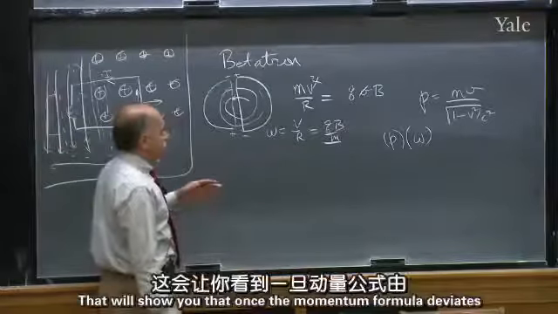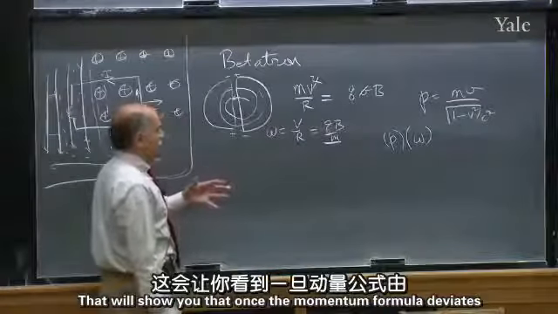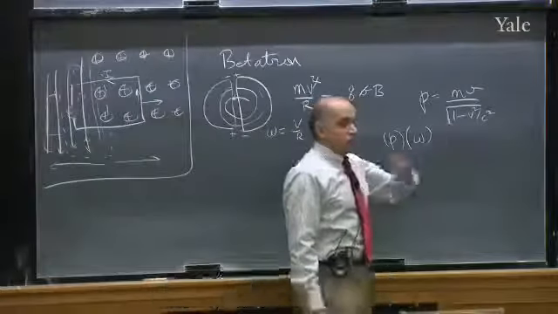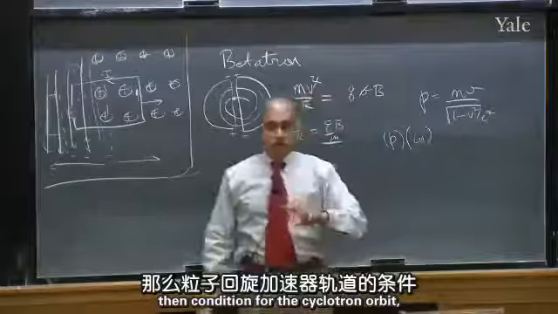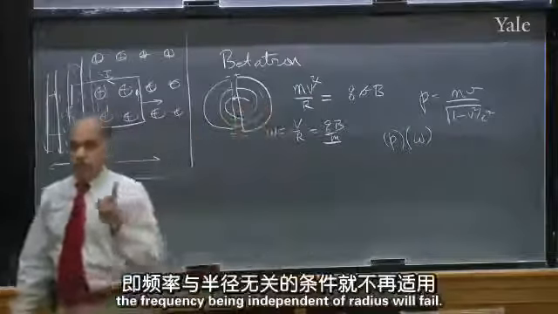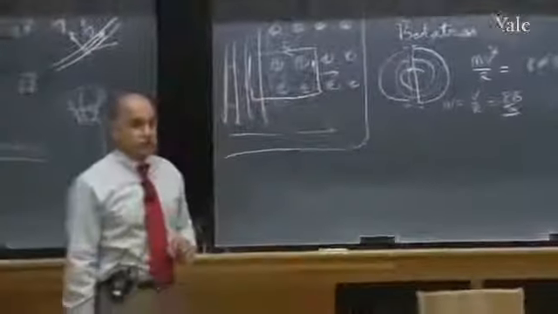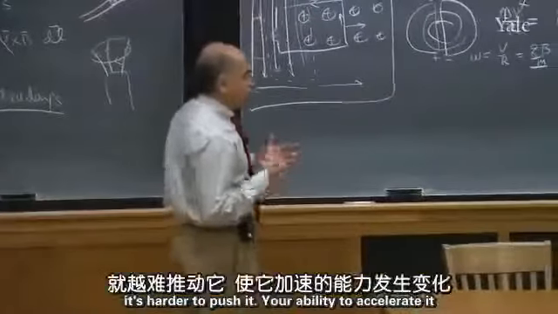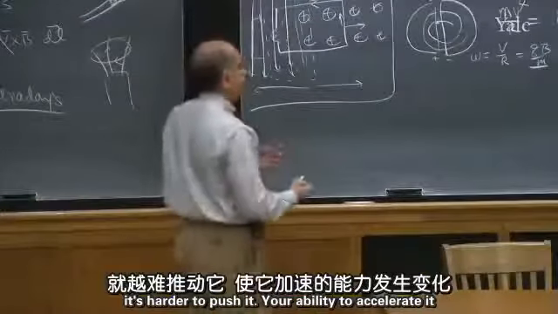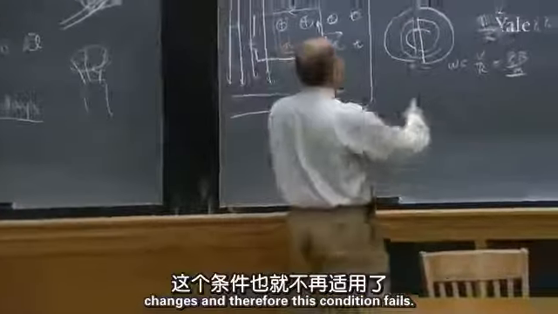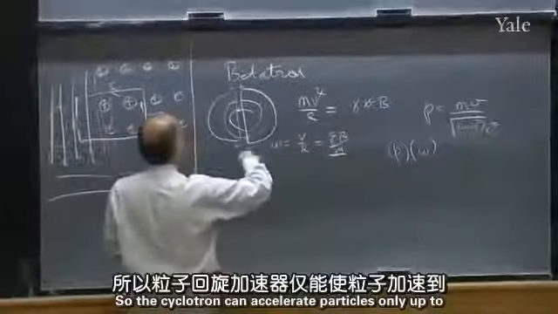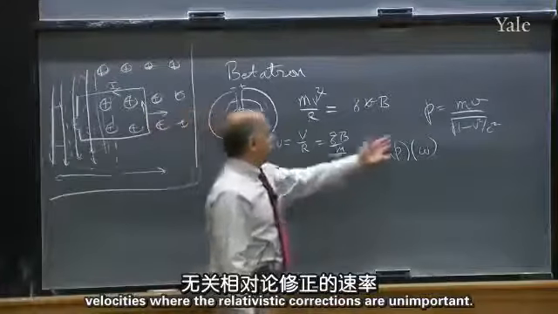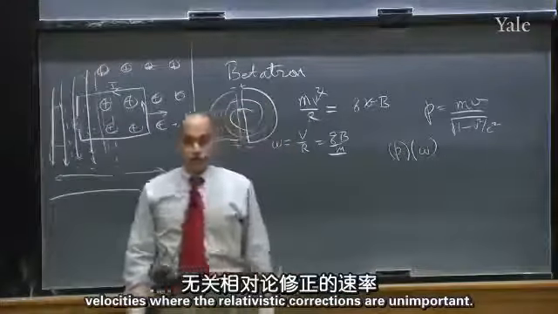That will show you that once the momentum formula deviates appreciably from p equals mv to p equal to this, the condition for the cyclotron orbit, the frequency being independent of radius, will fail. Essentially, as the particle gets more velocity, it's harder to push it. Your ability to accelerate it changes, and therefore this condition fails. So the cyclotron can accelerate particles only up to velocities where the relativistic corrections are unimportant.